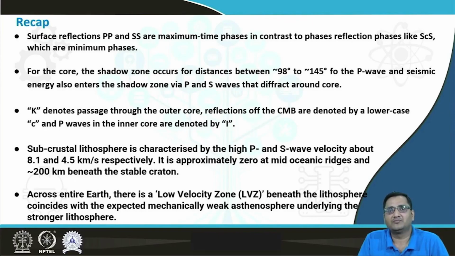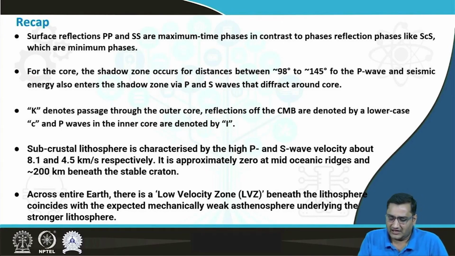Most of the phases that we record on our seismogram are minimum time phases, and as per the Fermat principle, the travel time associated with the phases that we record should be an extremum. In most of the phases it is a minimum, but surface reflections such as PP and SS are maximum time phases, in contrast to reflection phases like ScS, which are minimum phases.